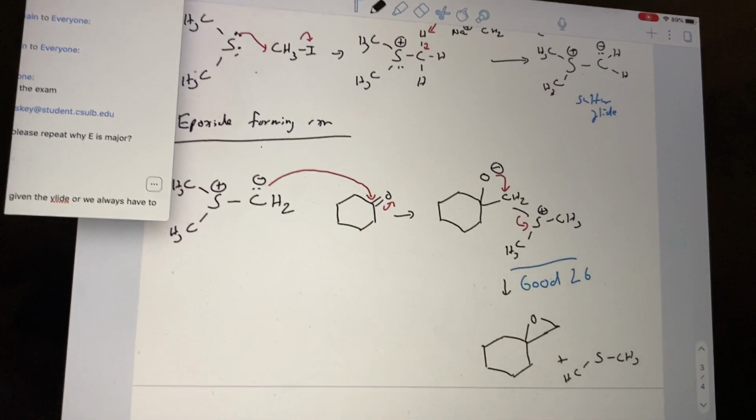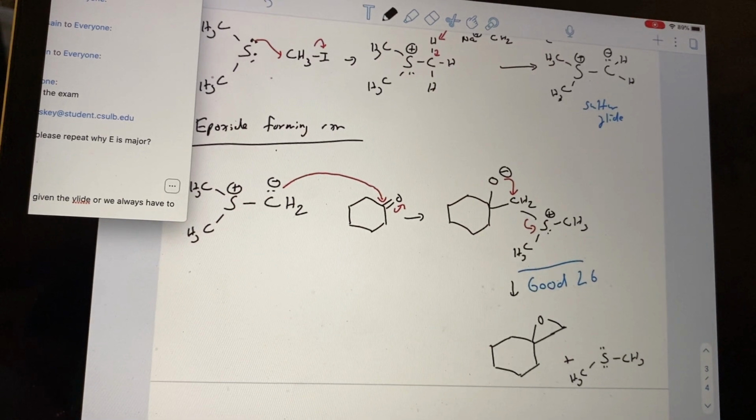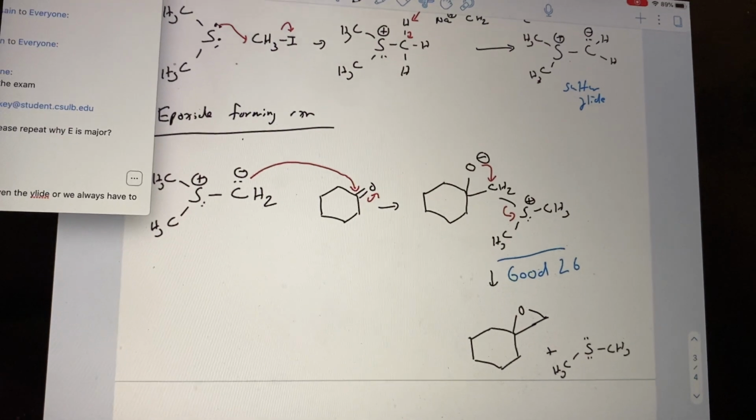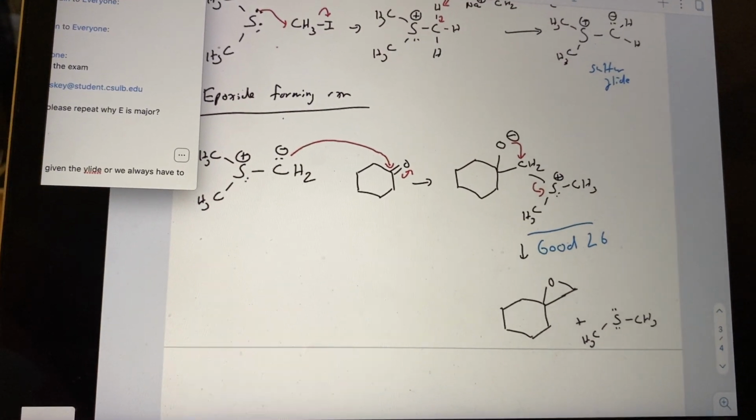Thus we're back to dimethyl sulfide. So this sulfur ylide is a useful way to form an epoxide.